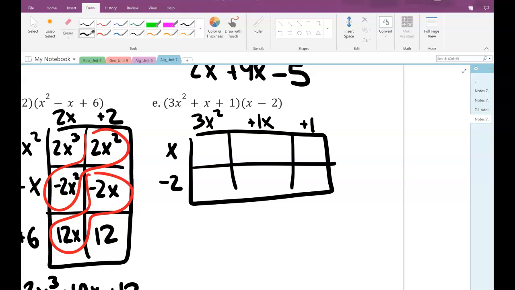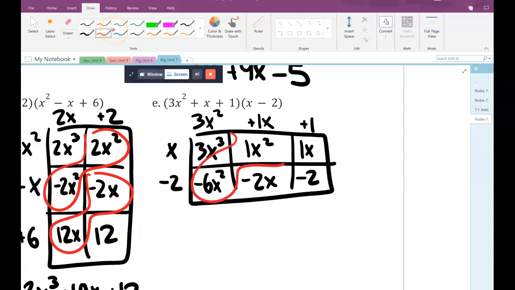Multiplying into the box is 3x to the third, 1x squared, 1x, negative 6x squared, negative 2x, and then negative 2. So now our diagonals are just tipped over. We have our x squared diagonal and our x diagonal.